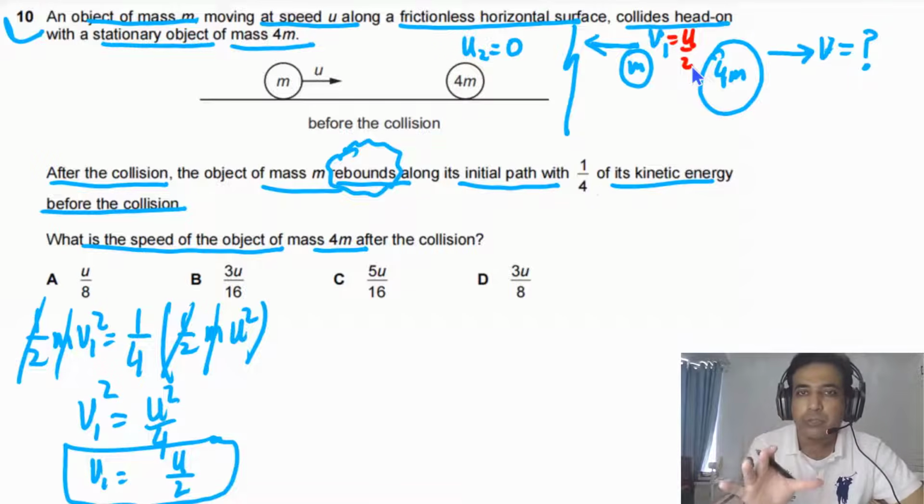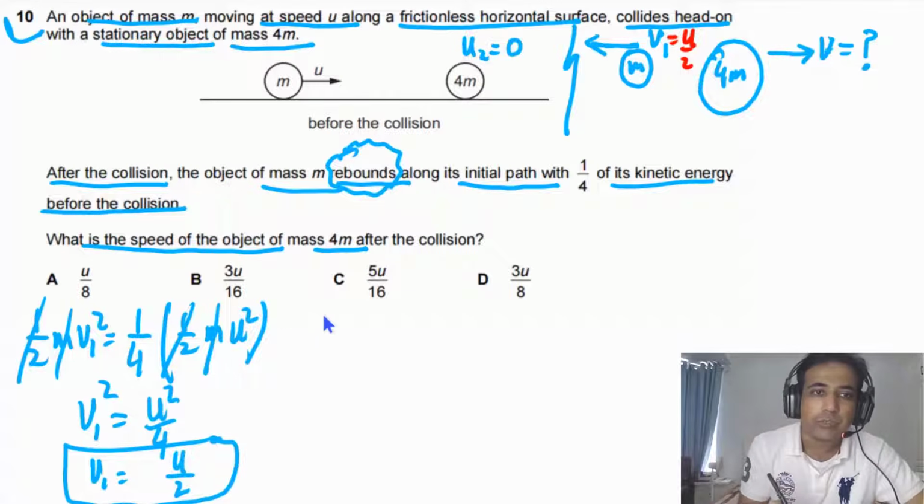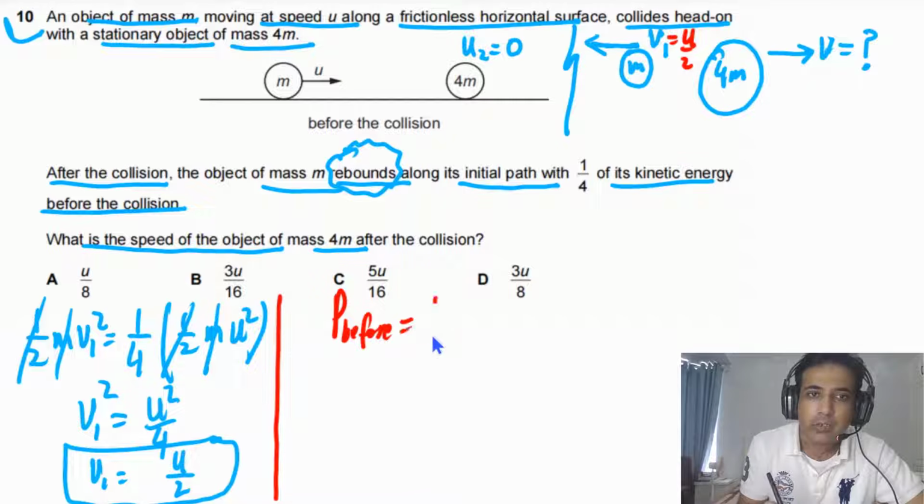Now we simply need to use conservation of momentum. Momentum before has to be equal to momentum after, because in this case there is no net force acting on the system. By conservation of momentum, we have to take one direction as positive; we will take right as positive.